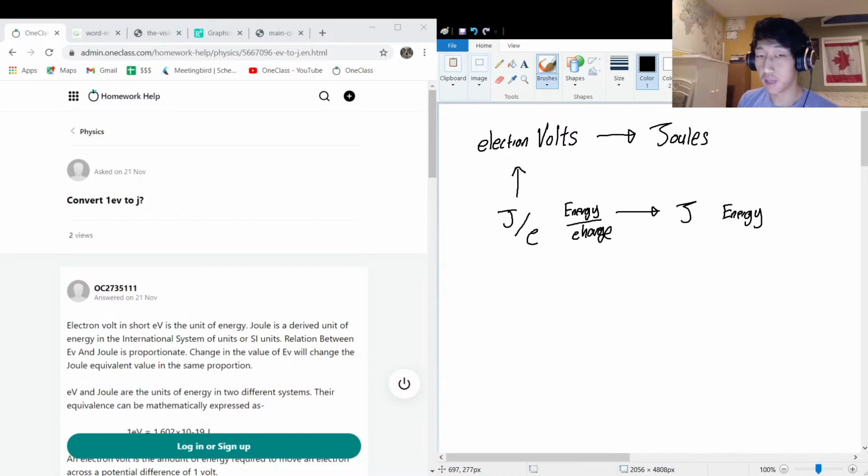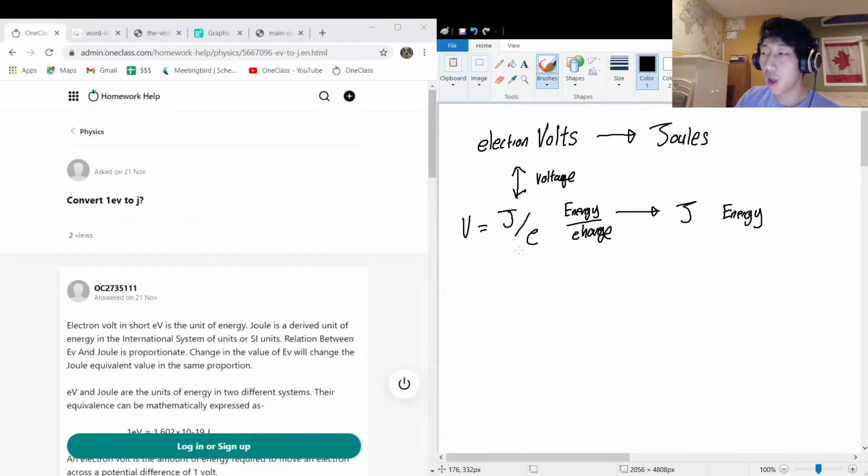So to convert electron volts to joules, it would make sense that, hey, what if we multiply, this is just voltage. So if the voltage unit is volts, which is equal to joules per coulomb, now it would stand to reason, if we want to convert this to just joules, we're going to need to multiply it so that there's a coulomb on top, so that we can cancel the coulomb on the bottom of the unit.